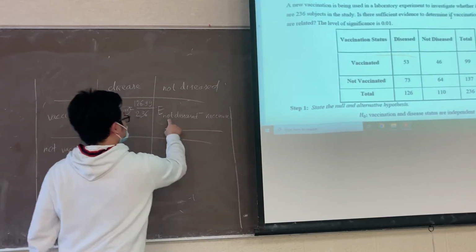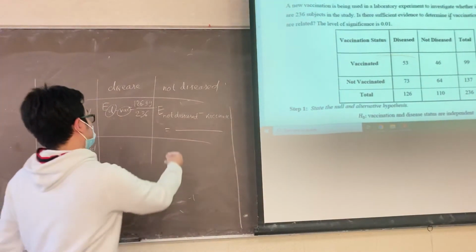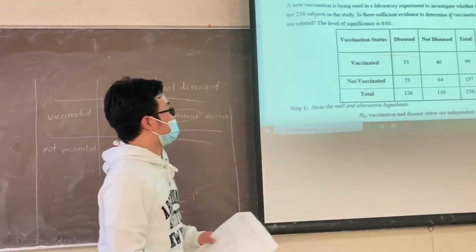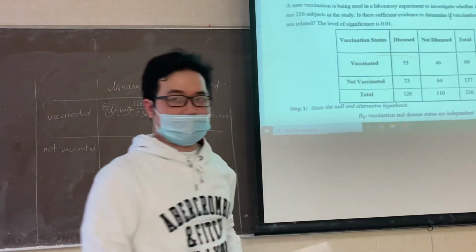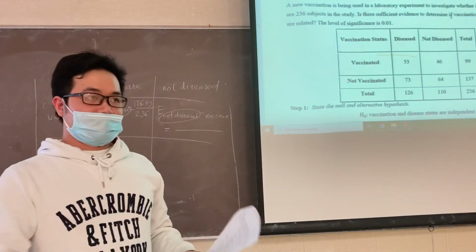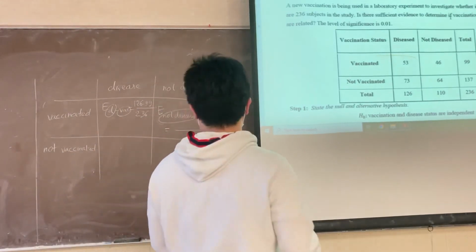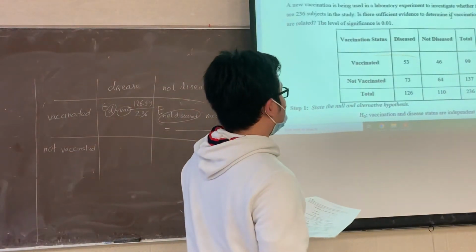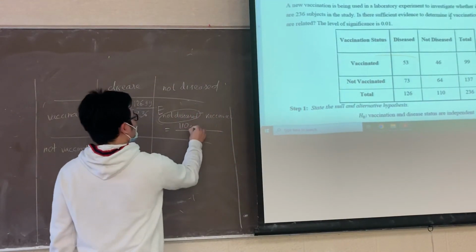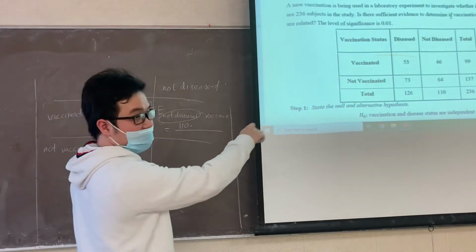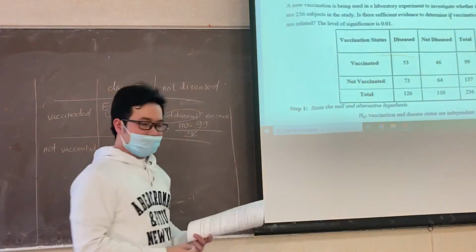So we calculate the total number of people who are not diseased. Could you tell me again, how many people are not diseased? 110, not diseased. Okay, exactly. And who are vaccinated? Vaccinated is 99, right? That means 99 over the total.